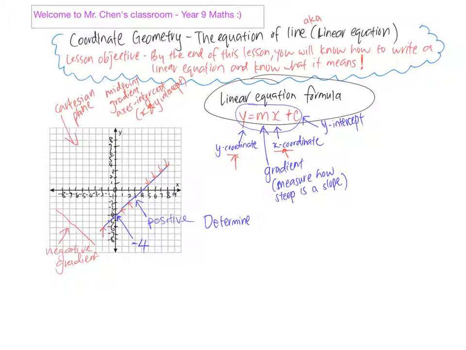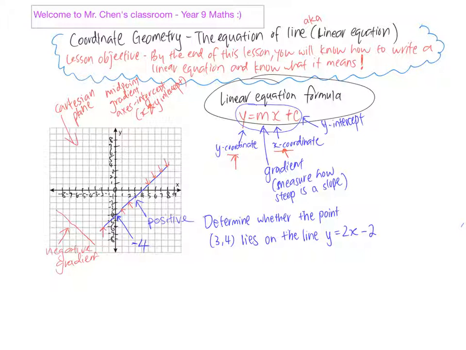Determine whether the point 3 and 4 lie on the line y equal to 2x minus 2. So we're now gonna test whether 3 and 4, which is the coordinates, is in the line.